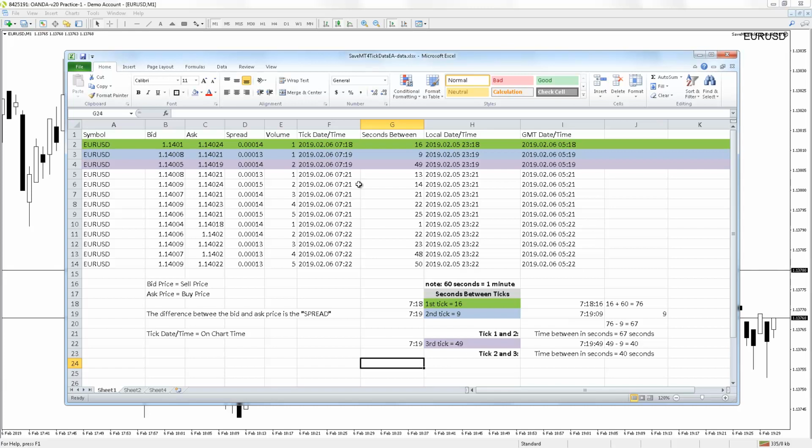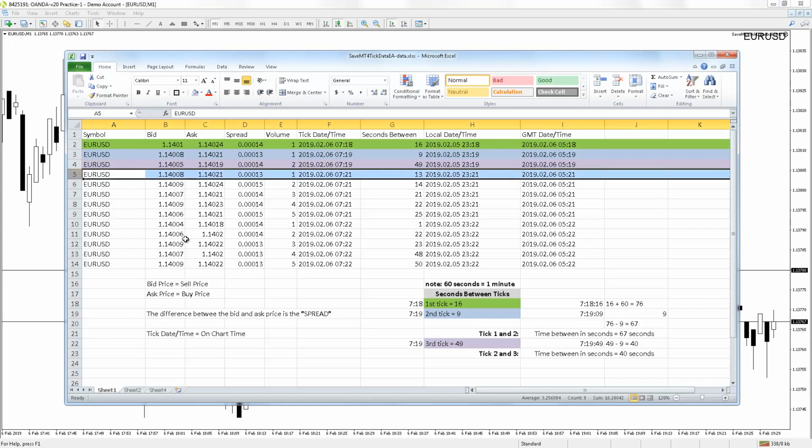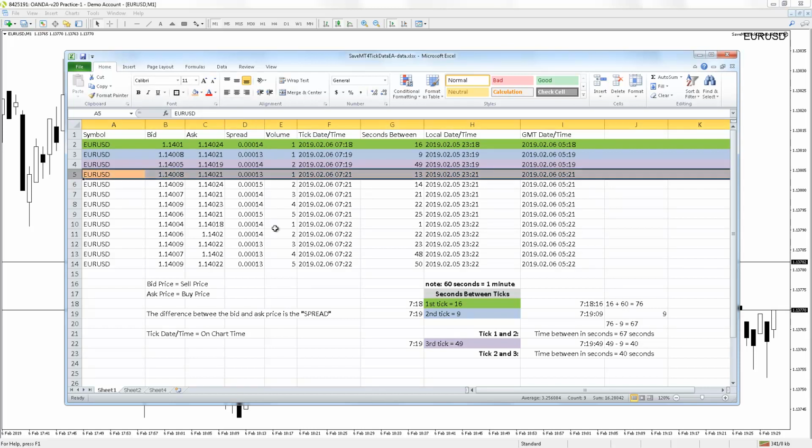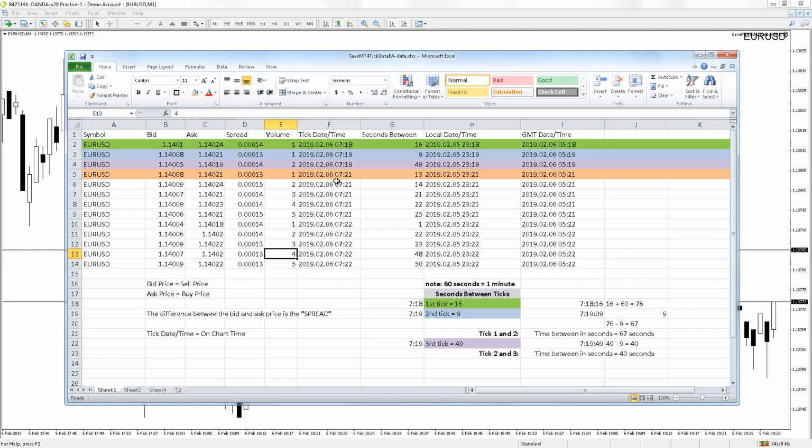Now, interesting here, if we look at the next candle, so candle 4, well, not candle, but tick, the next tick price is, let's make this orange or salmon, whatever color you want to call that, and let's look at that.